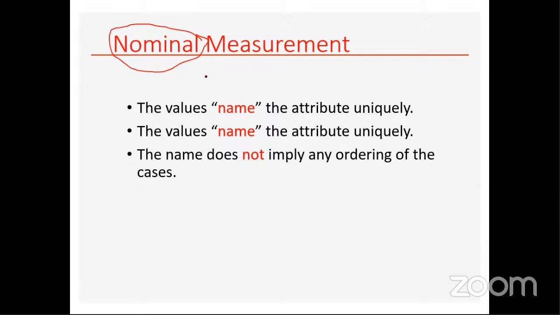Now, the first is nominal. Nominal simply represents attributes that are unique. The values name the attribute uniquely, and the codes have no order. What do we mean by this? If you're looking at a variable which is nominal in nature, the assigned values do not have any order or any significant value.